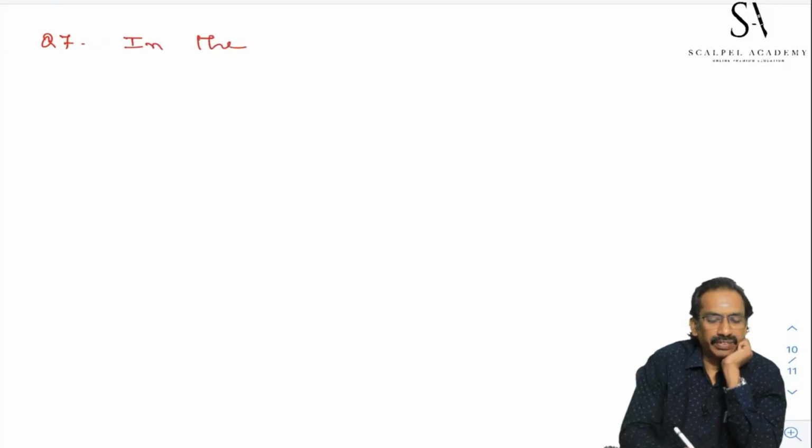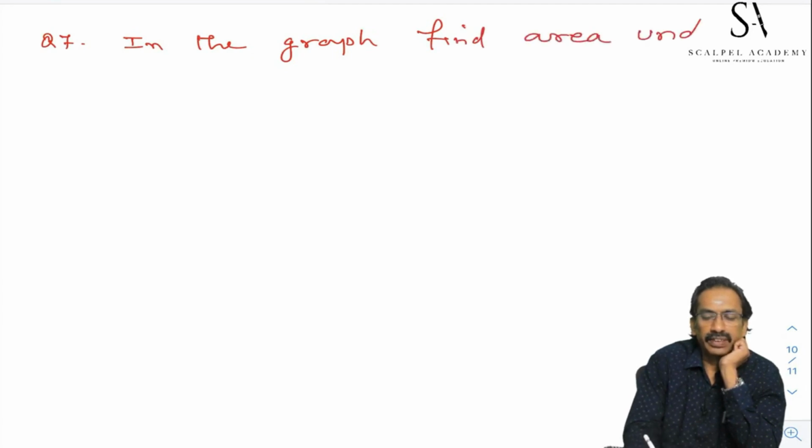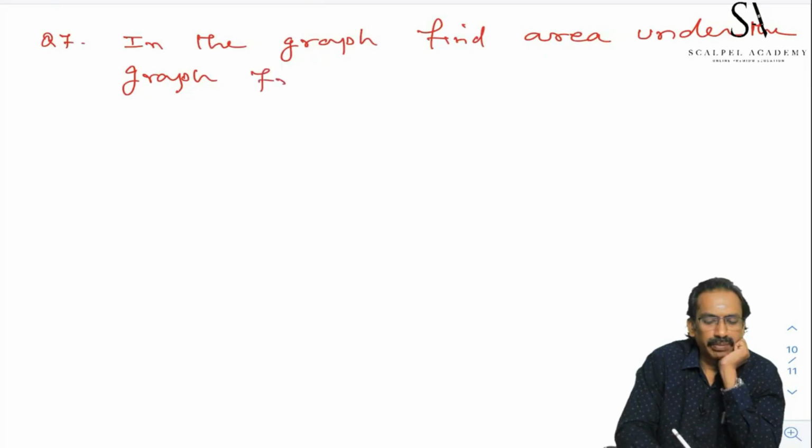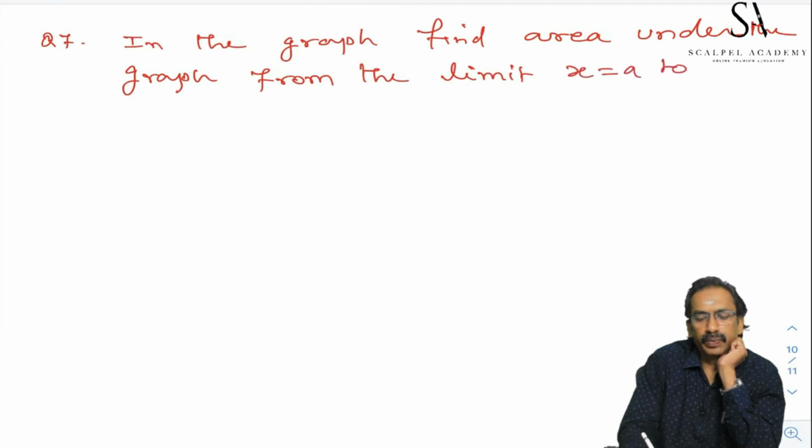In the given graph, find the area under the graph from the limit x equal to a to b.